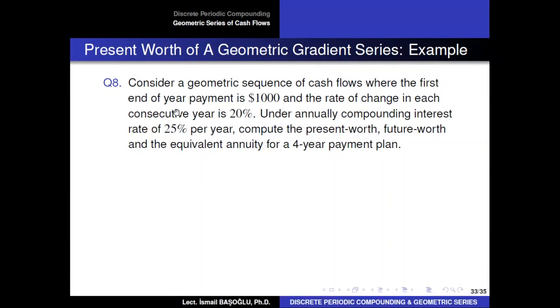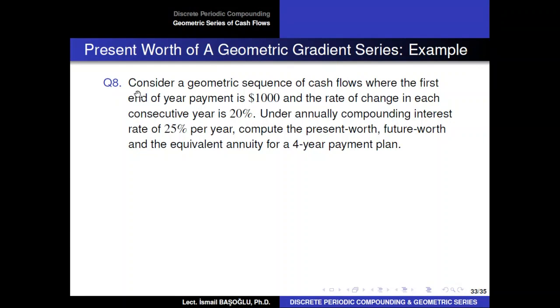Now, let's solve this question. It says, consider a geometric sequence of cash flows where the first end of year payment is $1,000 and the rate of change in each consecutive year is 20%. Okay. So the first end of the year payment is $1,000, and in each year, the cash flow is going to increase by 20%, it says.